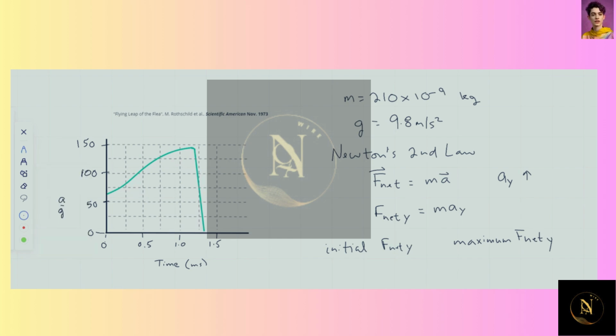The initial force can be found if we know the initial acceleration. The maximum force can be found if we find the highest acceleration. Okay, so that's the initial, and that's the max on the graph. And I'm reading these off, I'm reading this as about 140 Gs, which is pretty impressive.